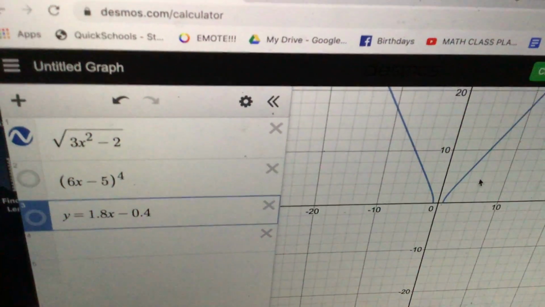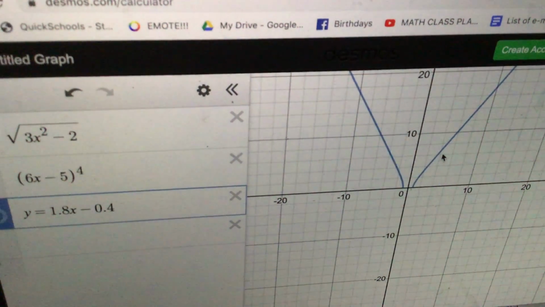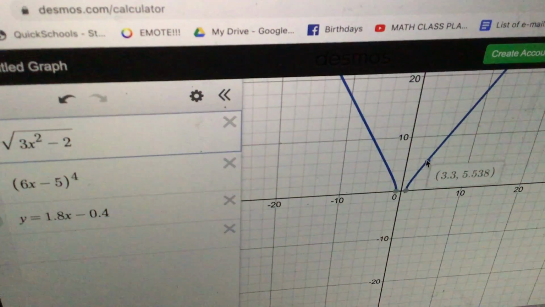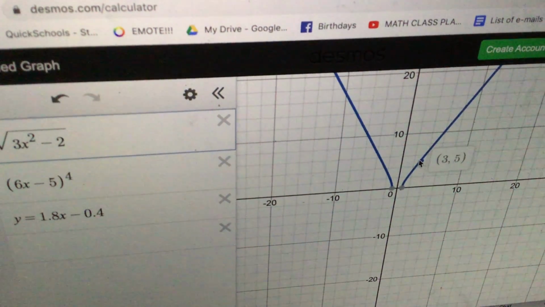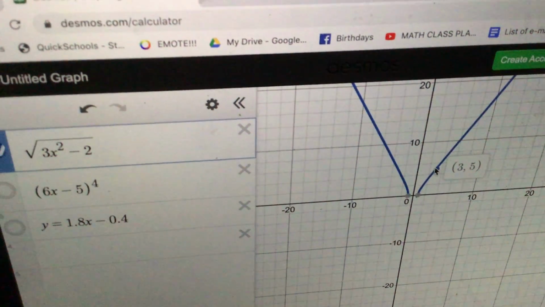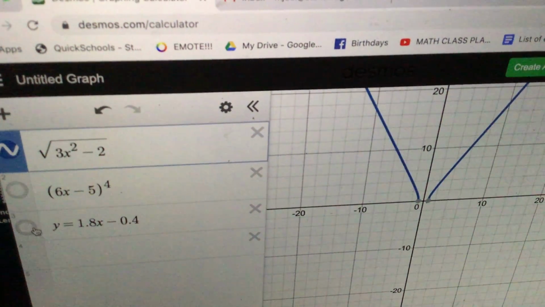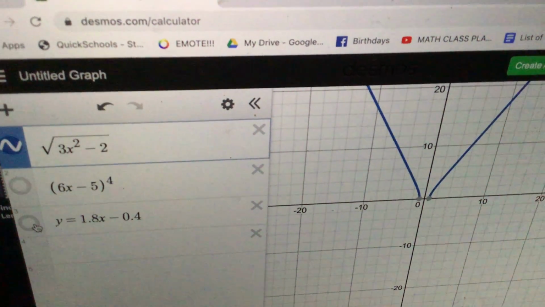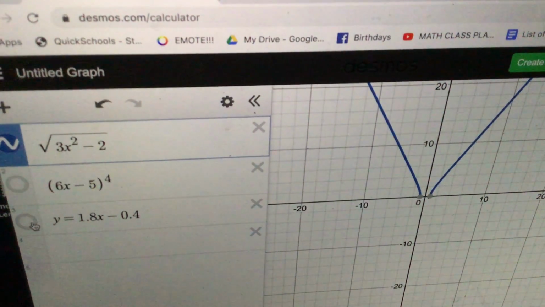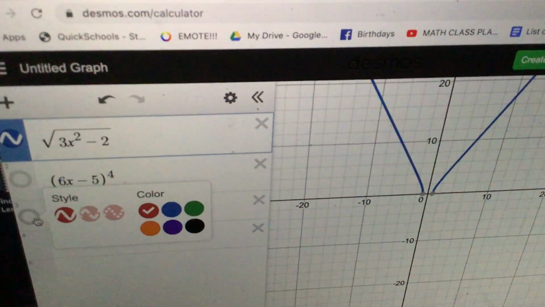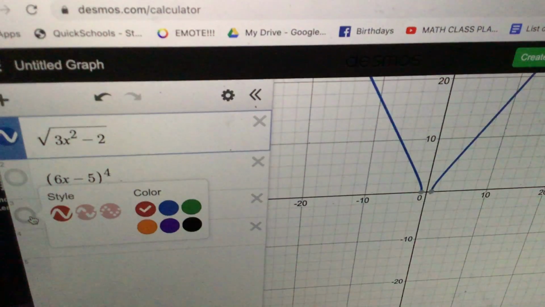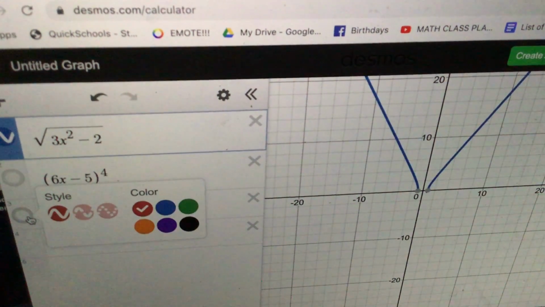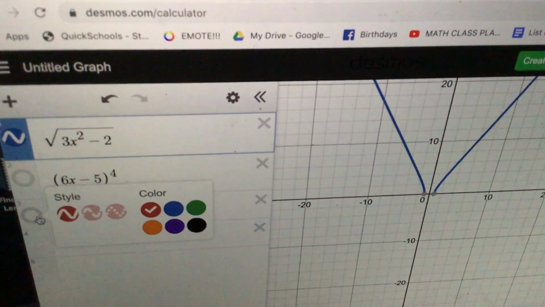And I care about the point 3, 5. Right, so around here. So I care about x equals 3, y equals 5. And this linear equation is going to touch it in the direction of where it's going at the time. So it should be a slope of 1.8, or that should be 9 over 5. So a little bit of a steep slope, but not too bad.